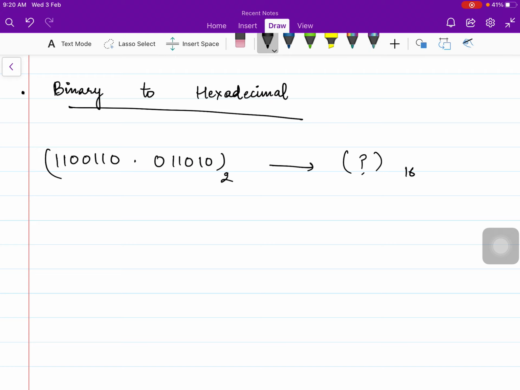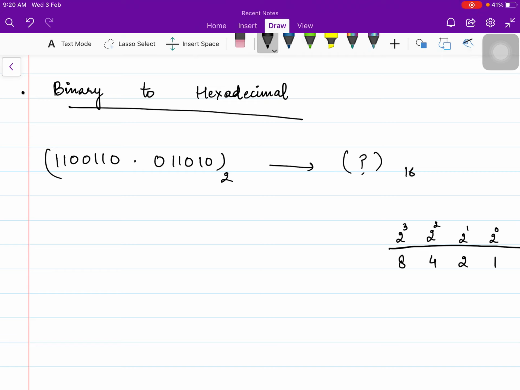See, in the case of hexadecimal, you have to use this combination 8, 4, 2 and 1. This 1 comes from 2 raised to the power 0, 2 comes from 2 raised to the power 1, 4 comes from 2 raised to the power 2 and 8 comes from 2 raised to the power 3. If you sum up this 8, 4, 2, 1 combination, you will get 8 plus 4, 12 plus 2, 14 plus 1, 15.